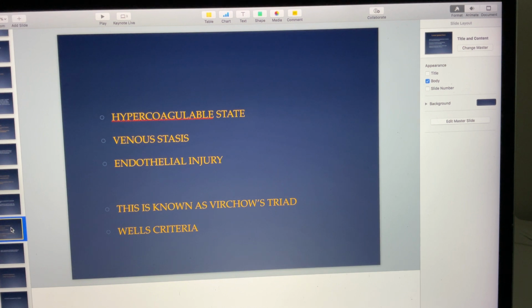So in terms of risk factors, you want to remember your Virchow's triad, and that includes hypercoagulable state, venostasis, as well as endothelial injury. And that is known as the Virchow's triad. And the score that you can use to determine the probability of someone having pulmonary embolism is known as Wells criteria or Wells score.